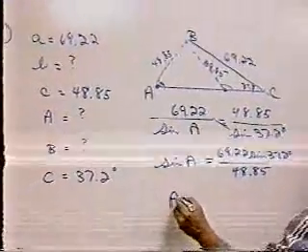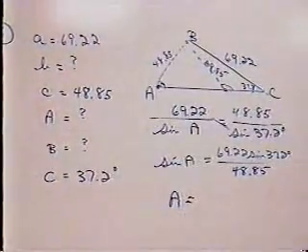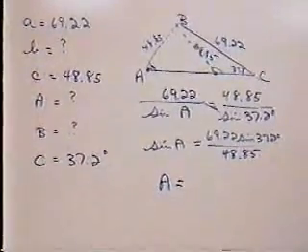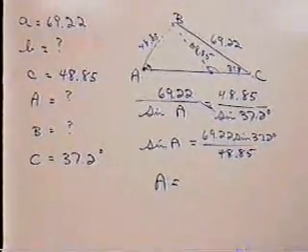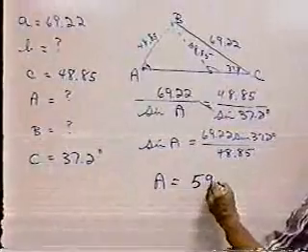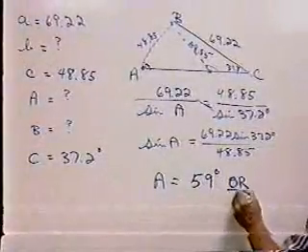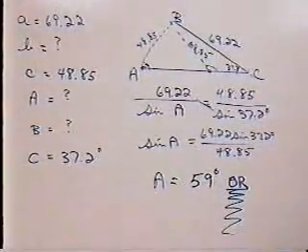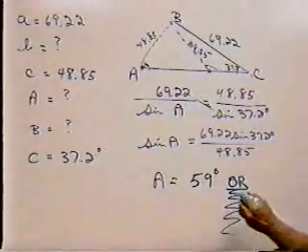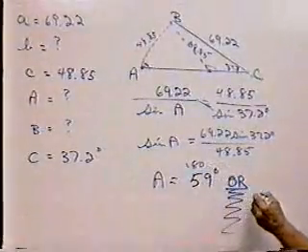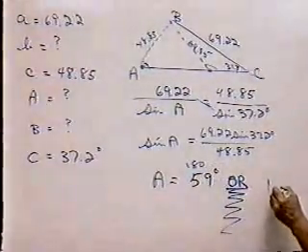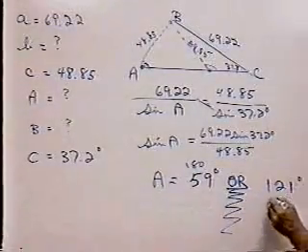And so we get angle A to be equal to 59 degrees, or we have to subtract it from 180, and that will give us 121 degrees.